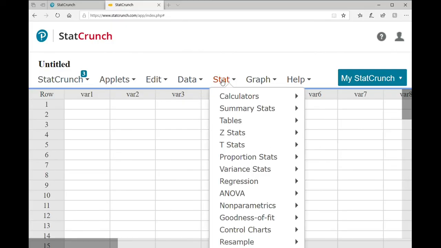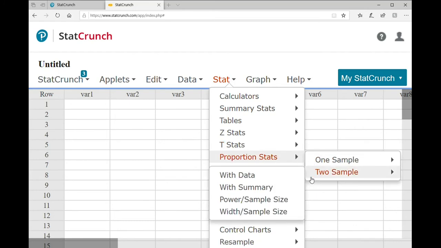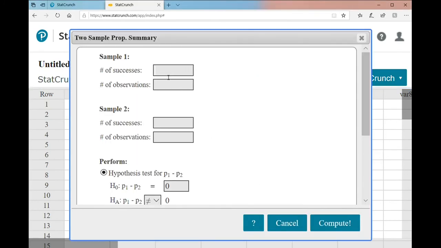Let's try the problem on StatCrunch. We're going to go to Stat, Proportion Stats, to Sample with Summary. For those that are exposed, we have 20 out of 60.